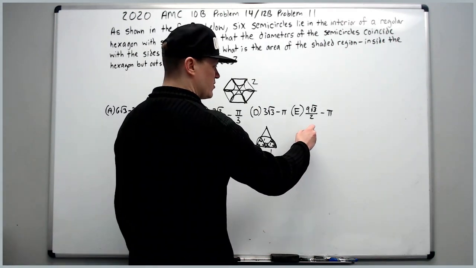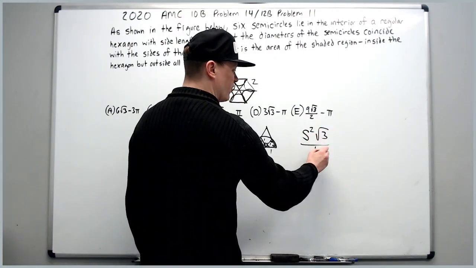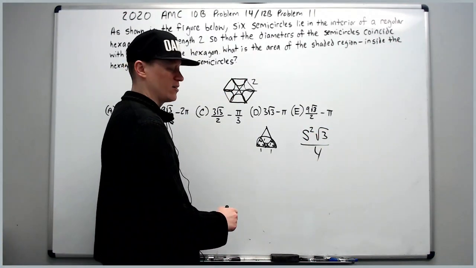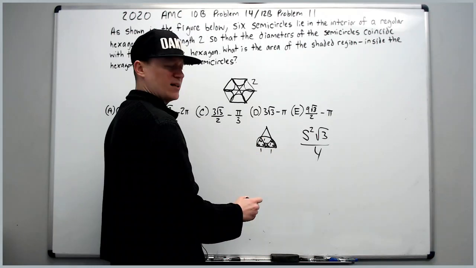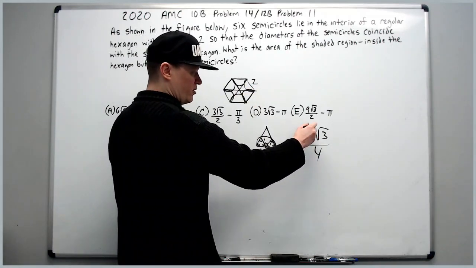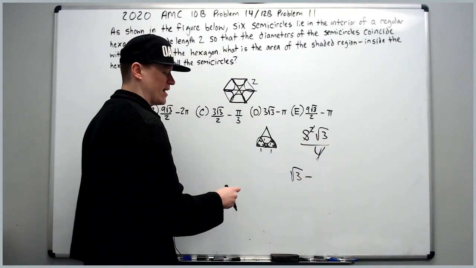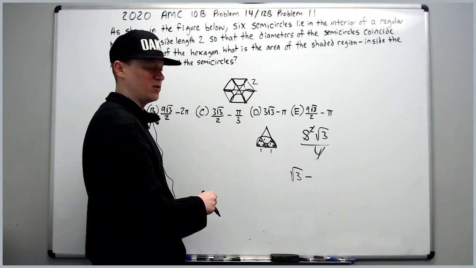So again, we're going to use s squared root 3 over 4 for the area of an equilateral triangle, where s stands for side length. The big equilateral triangle has side length 2, so 2 squared over 4 will cancel. We're going to get root 3 minus, and now we have to subtract the parts we don't want.